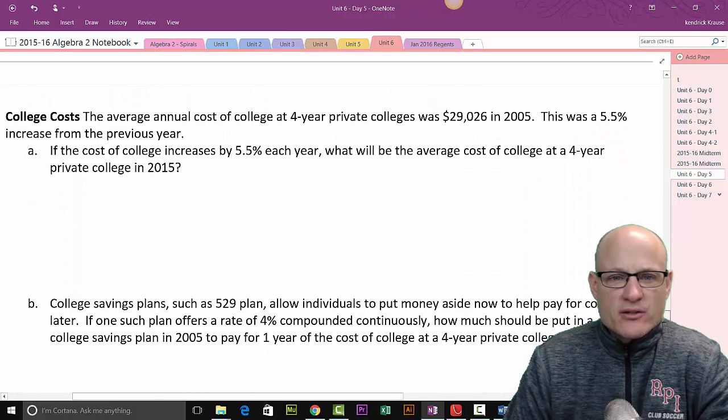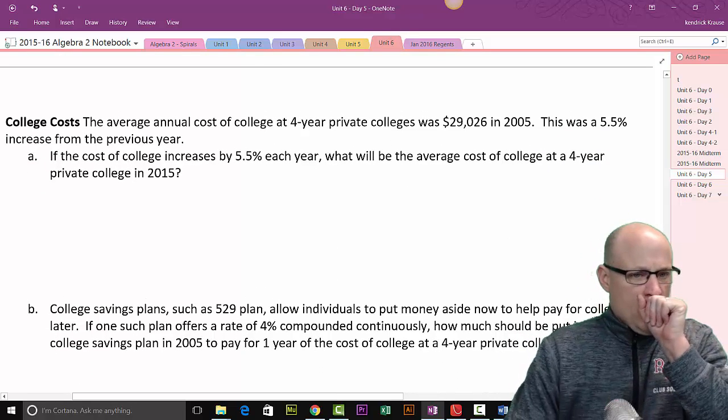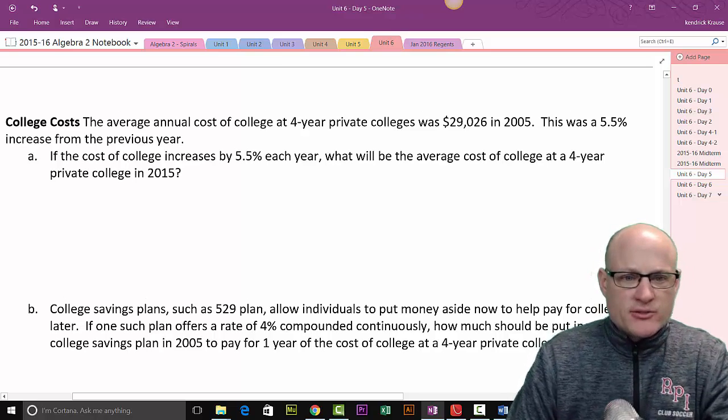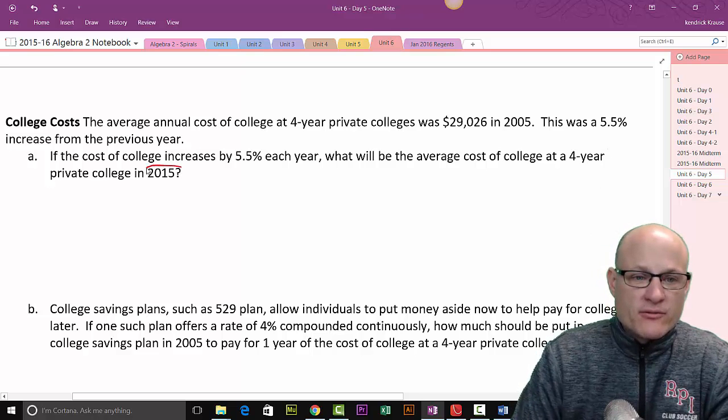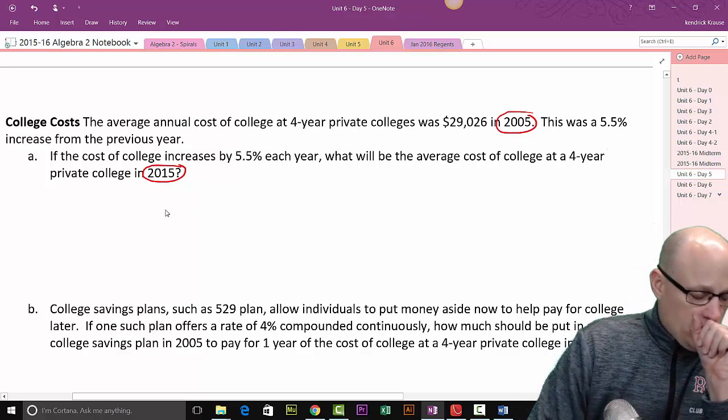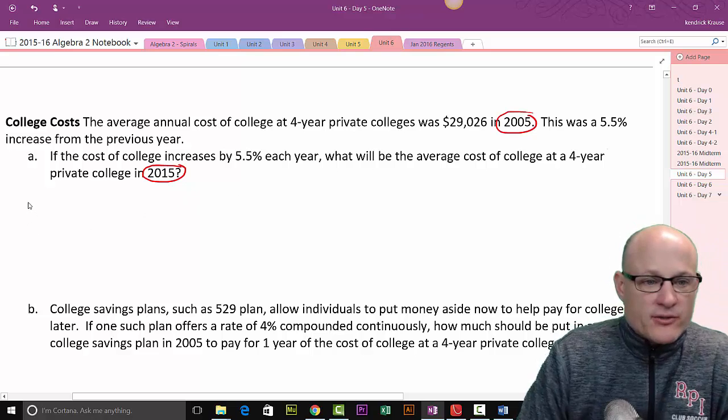The average cost of a college: if the cost increases by 5.5% interest, what would the average cost of a 4-year private college be in 2015? This is 2005. So first we got to create the thing. So cost over time.